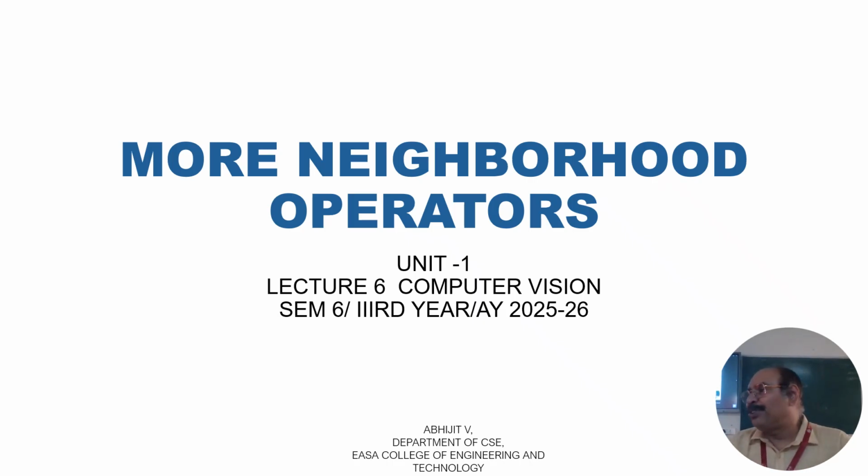That's my confidence. So what we'll be doing in this lecture session is learning two types of filtering. One is called median filtering, the other is called bilateral filtering. These two types of filters are non-linear filters.